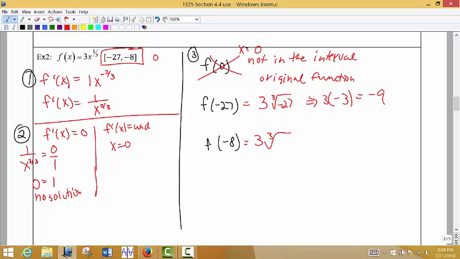Then 3 times the cube root of negative 8. The cube root of negative 8 is negative 2, so we end up getting negative 6. Which one of these is the highest? This one is the highest y value, and this one has the lowest y value. So this is our absolute minimum value on the graph, and this is the absolute maximum value on our graph.